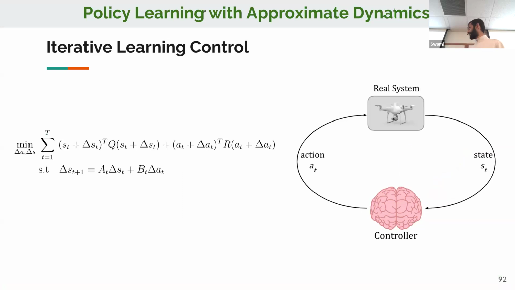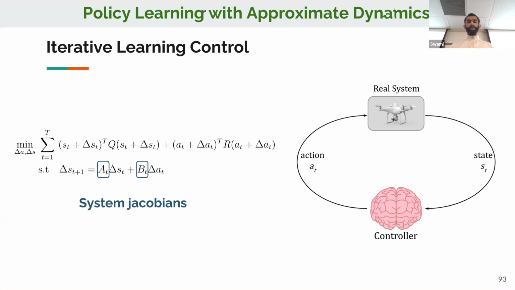And so what that looks like in the ILC setting is, for example, if you have the control problem that we described earlier, expressed as some quadratic costs with some linear constraints, with the dynamics Jacobian baked into the linear constraints, we, of course, don't have access to these system Jacobians for the real system.